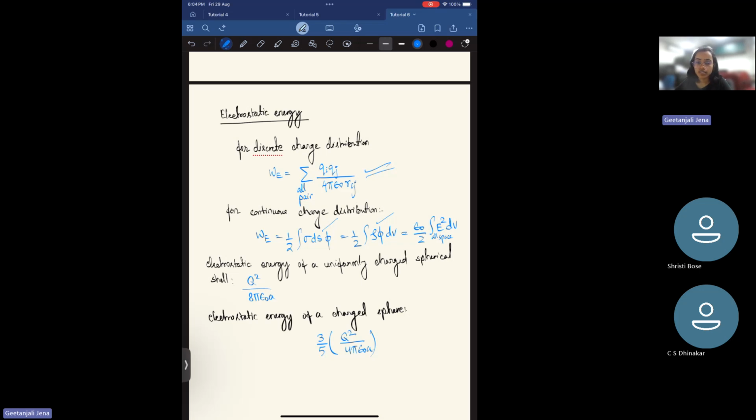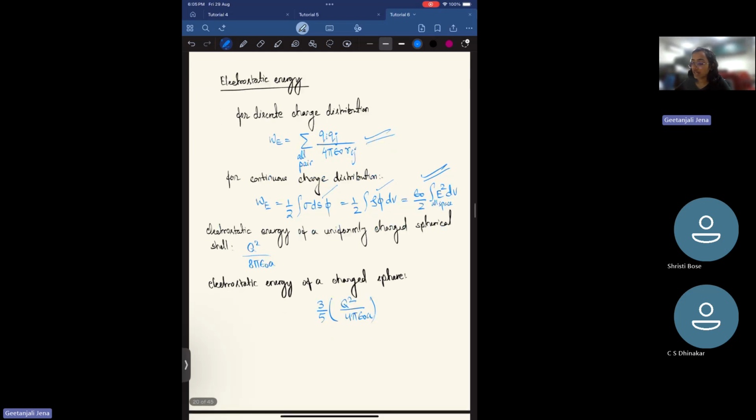And if you know the electric field, you can also use the formula epsilon by 2 E squared dV. Using this formulation, we calculated in the lecture the electrostatic energy of a spherical shell, which is hollow with charges only on the surface. For this, it is q squared by 8 pi epsilon a. And for a uniformly charged solid sphere, it is 3 by 5 times q squared by 4 pi epsilon a. This is all about the electrostatic energy.